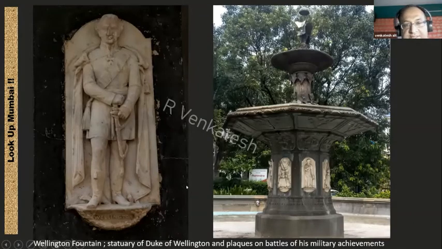Okay, this is the Duke of Wellington, and why he's important in Mumbai is that between 1799 and 1803, the Mysore Wars and then the Anglo-Maratha Wars concluded, and actually Anglo-Maratha was concluded in 1818.